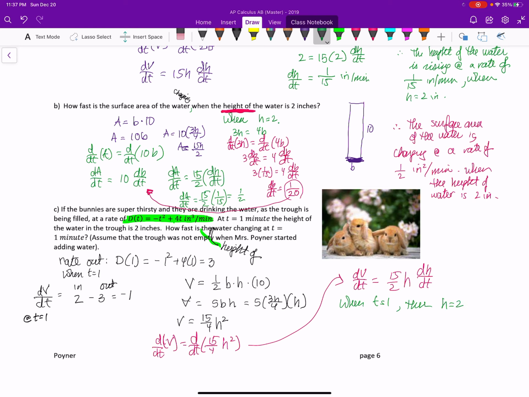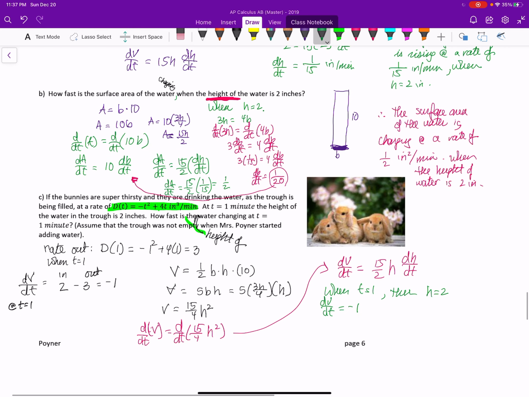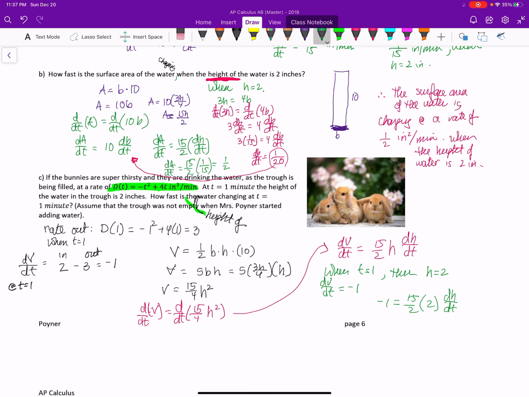I know that dV/dt is equal to negative 1. So then negative 1 is equal to 15 over 2, H is 2, dH/dt. So those little bunnies are actually drinking the water faster than I can fill it. So dH/dt is then equal to negative 1 over 15, and then it's inches per minute.